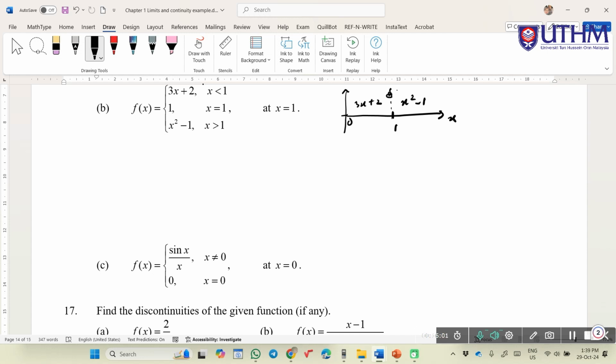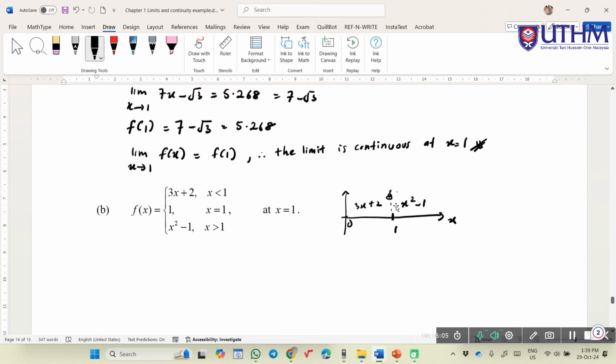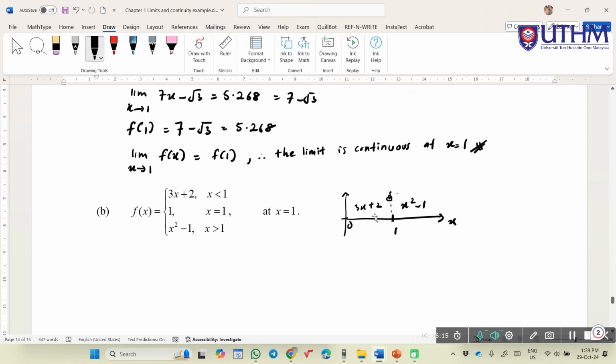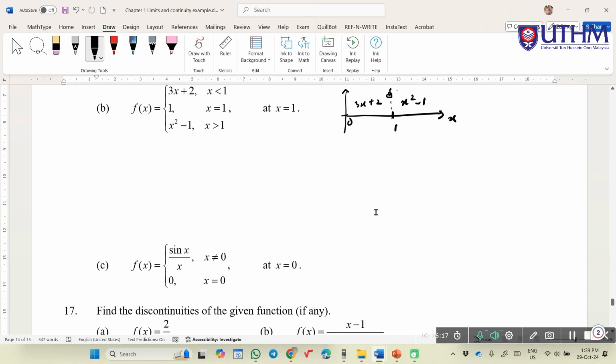For continuity, remember that we need to find the limit at the particular point, and also the function value. So for this example, we need to find the limit as x approaches 1 of f(x).